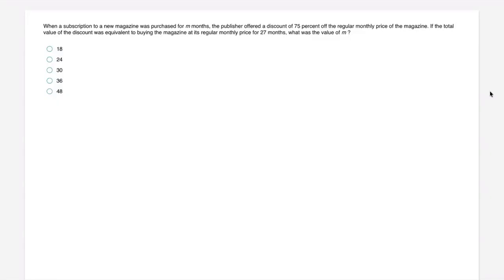When a subscription to a new magazine was purchased for any months, the publisher offered a discount of 75% off the regular monthly price. Okay, how do you pay this?